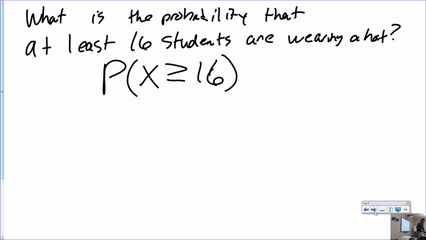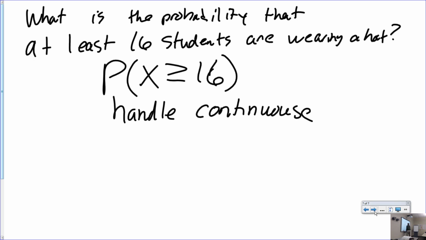Now, that's the binomial case. What I want you to do is handle the continuous case. In other words, put this with a decimal point, such that it rounds to be greater than or equal to 16 with a decimal.